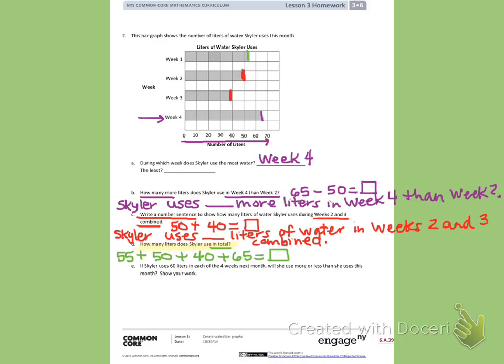Once you figure out the answer, don't forget to answer in a sentence. Skylar used blank liters in all.